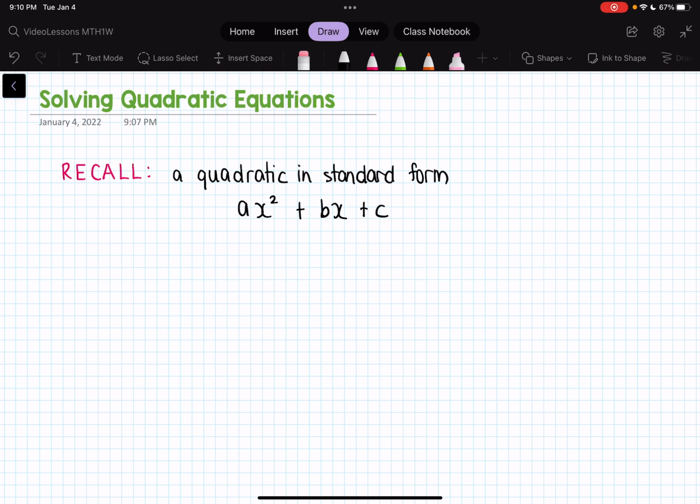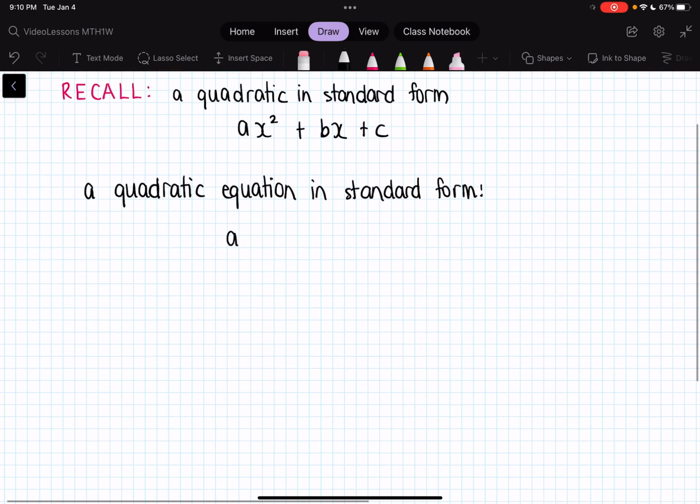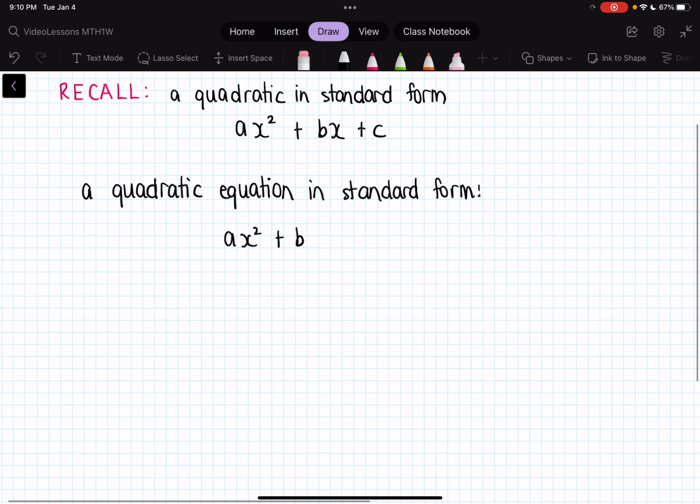And so a quadratic equation in standard form basically looks like this: ax squared plus bx plus c equals 0.